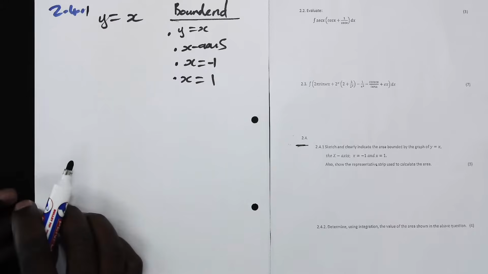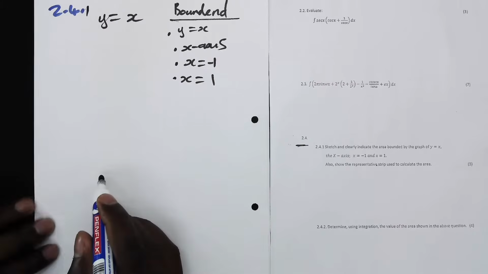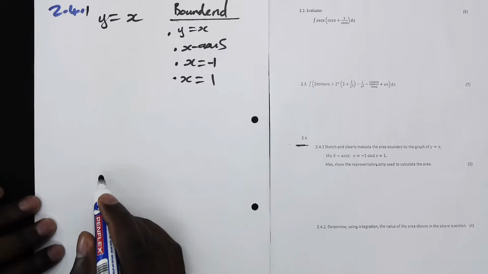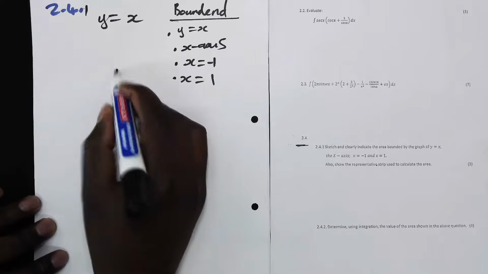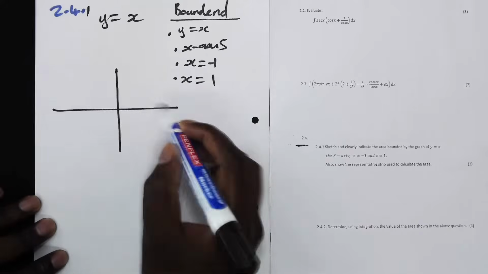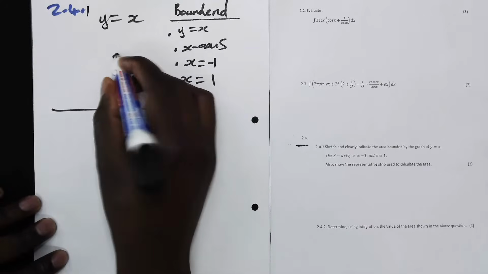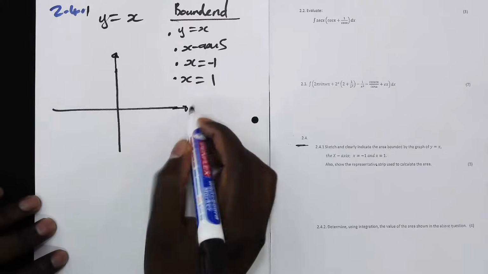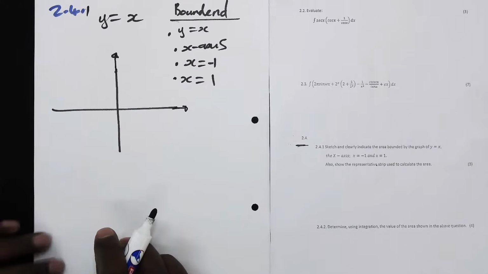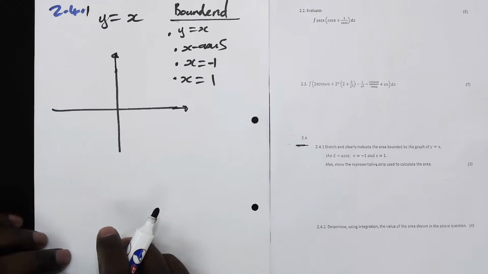So let us plot the graph then. What type of graph are we having there? It's a straight line. Then look into the coefficient of x. It's positive, isn't it? So you must have an acute angle.